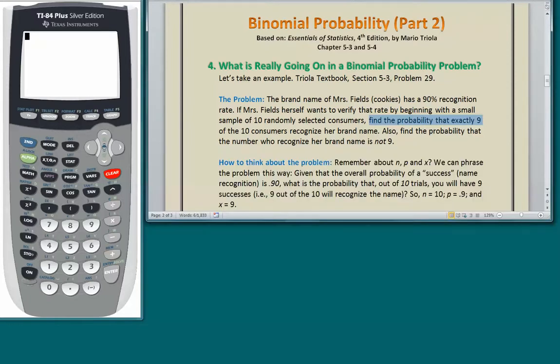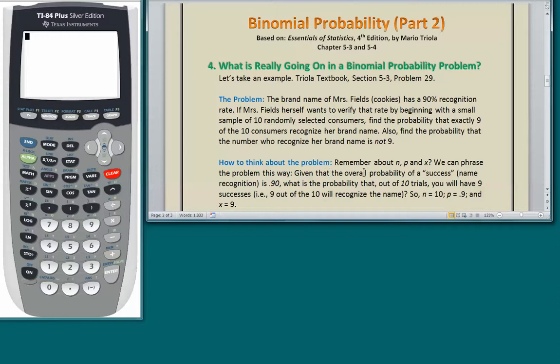So let's talk about how to think about this problem. If you remember from part 1 of our discussion of binomial probability, I made a big deal out of the fact that whenever you hear the word binomial, you should immediately think NP(x). So we can phrase this problem in terms of N, P and x, and we're going to do it this way.